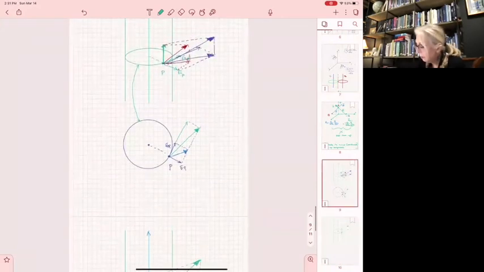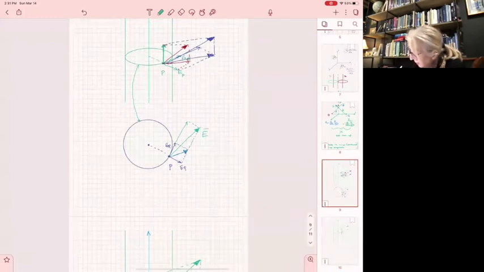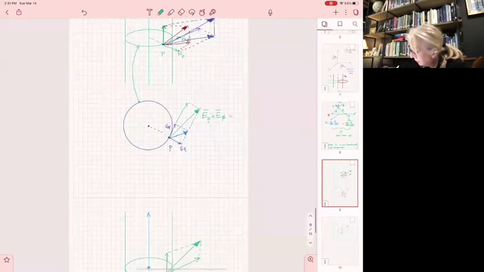Okay, so if I call this the sum, this is the sum of E rho plus E phi, and let me call that E1.